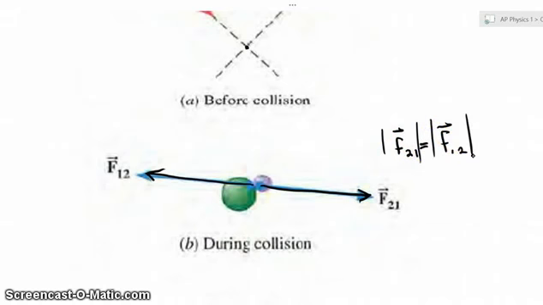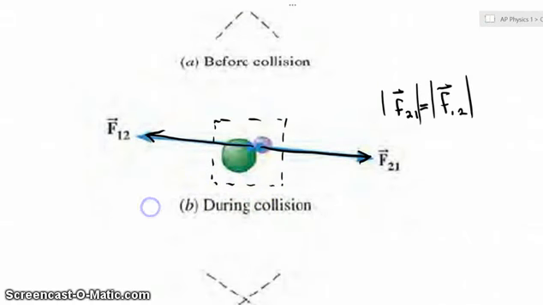So one way that we could think of this collision is not as a collision between two separate objects, but we could define the system as being both objects. And that means that the action-reaction pair, those two forces, are an internal force to the system.